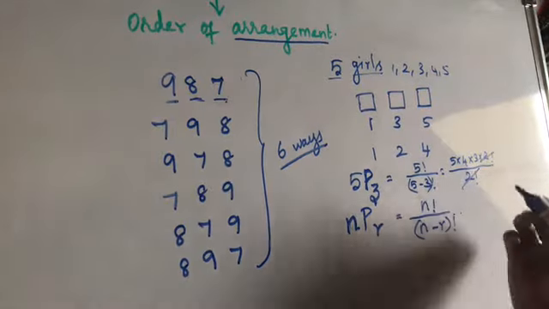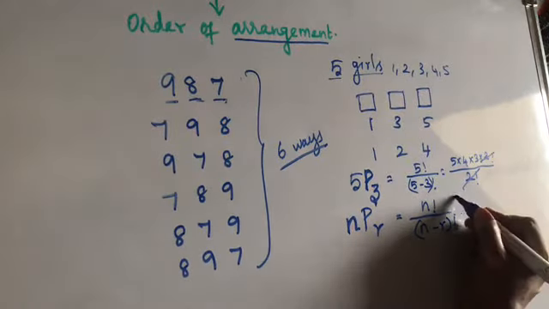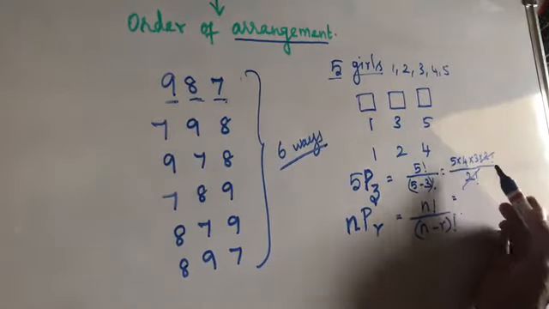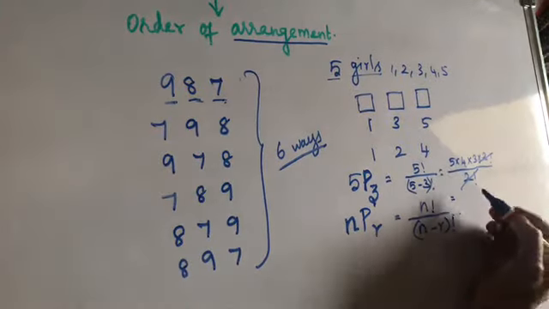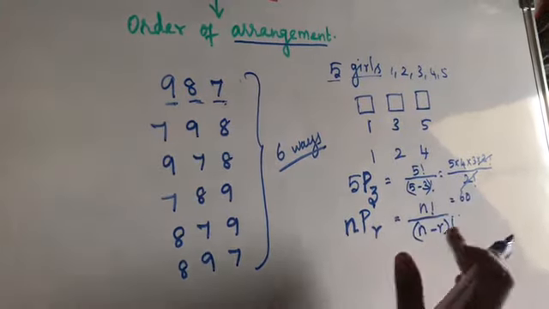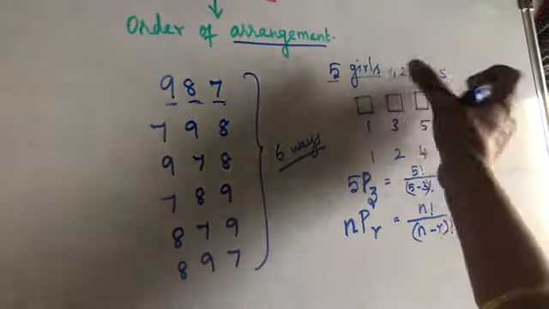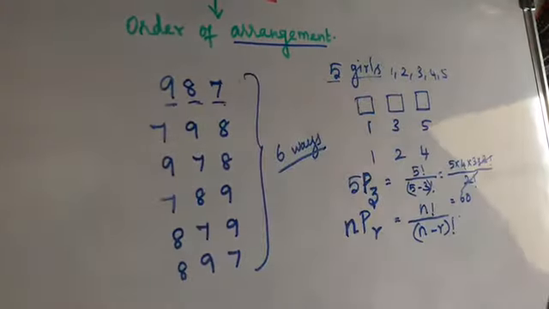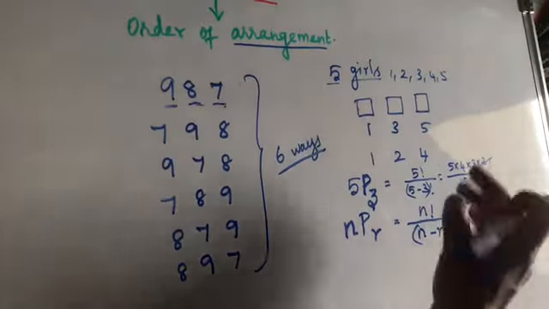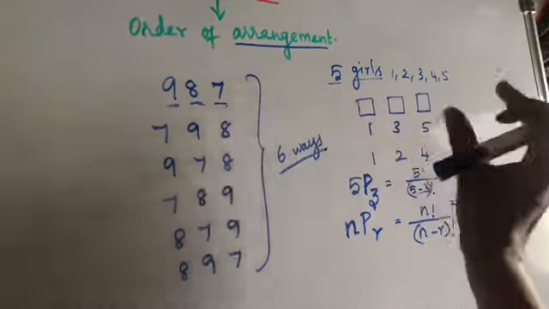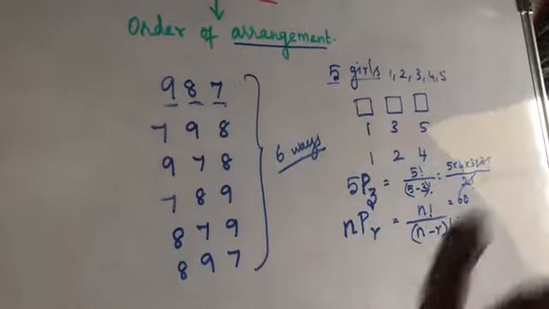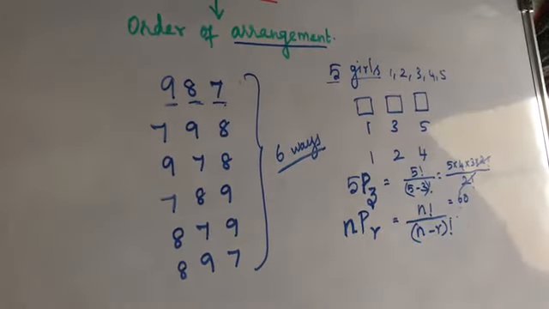So 2 factorial gets cancelled. That is equal to 5 into 4 into 3. 5 fours are 20, 20 threes are 60. So in 60 ways I can arrange these 5 in the order of 3. Out of 5 people, we can separate and group 3 in 60 ways. Okay, this is called permutation.